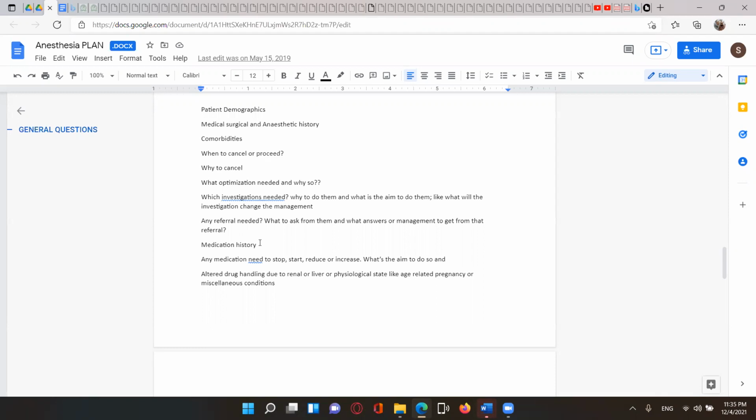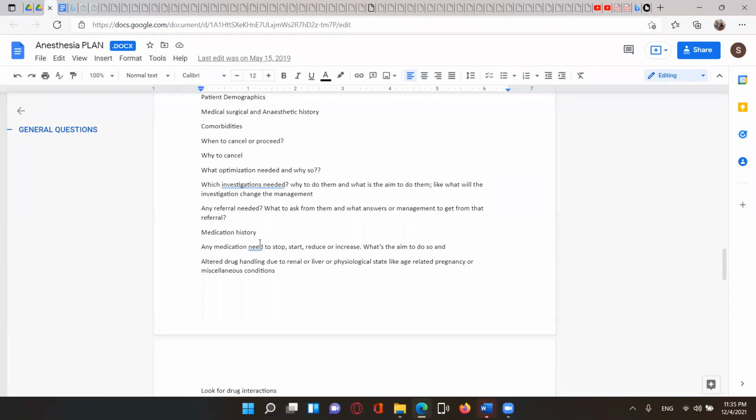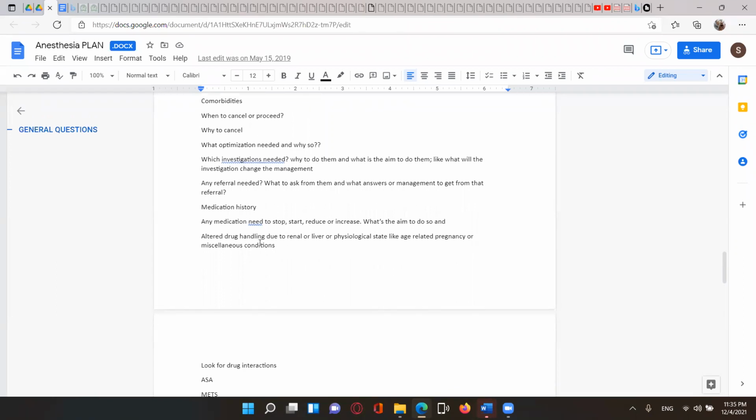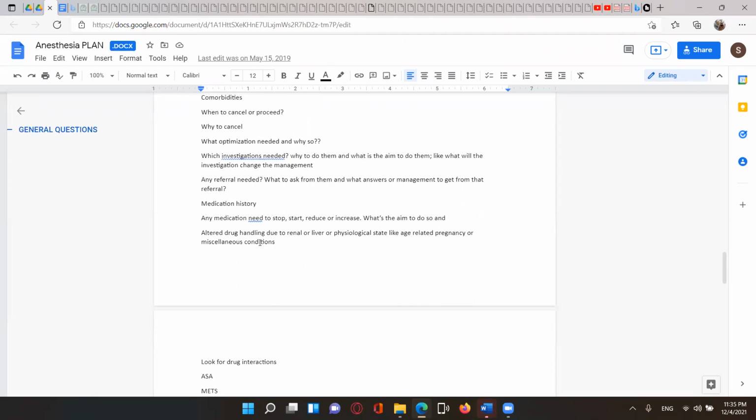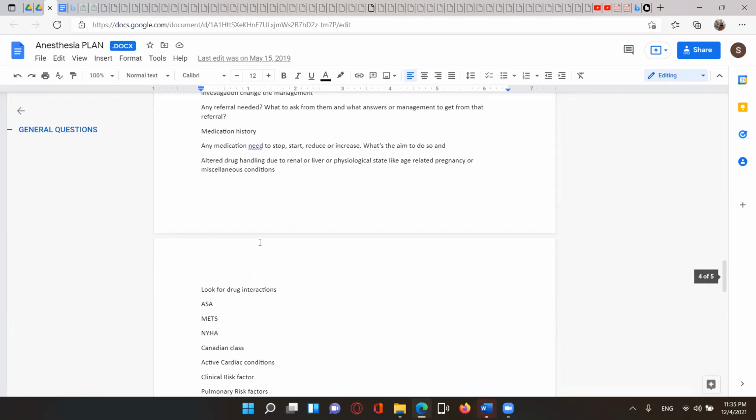For any patient at risk of perioperative renal dysfunction, you should have a baseline renal function test, or look for risk factors related to renal risk. Medication history: usually we continue all medications except oral hypoglycemics, or if the patient is taking multiple antihypertensive agents. Antiplatelets and anticoagulants you have to optimize accordingly.